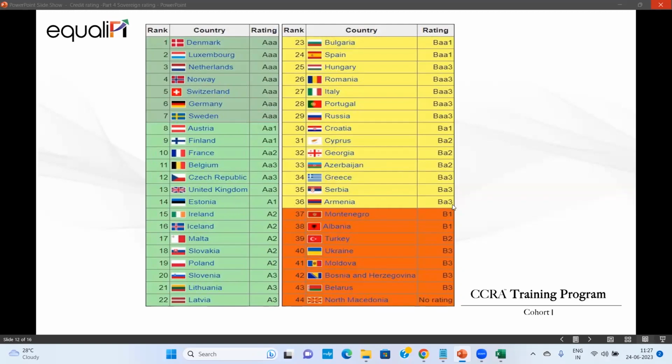Yeah. So this is an open source availability for ratings of different countries. Just have a quick look. Could be an old one.